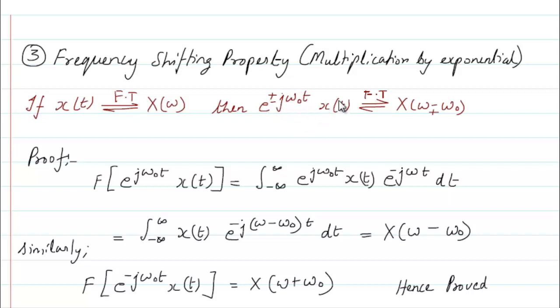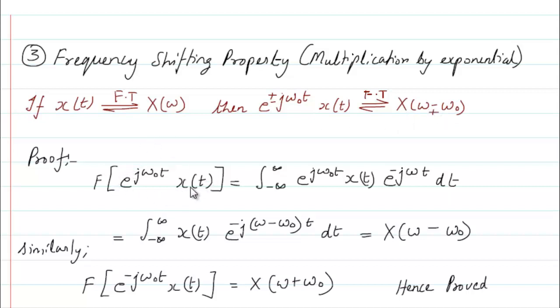If you modulate a wave, you will shift that particular wave spectrum to some other frequency. So this is sometimes also called modulation. You have to understand that when you multiply with e raised to power j omega naught t, you are shifting the spectrum from some frequency to a higher or a lower frequency. Okay, let us prove this.